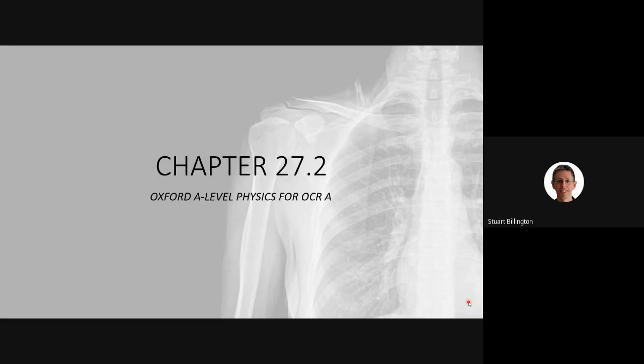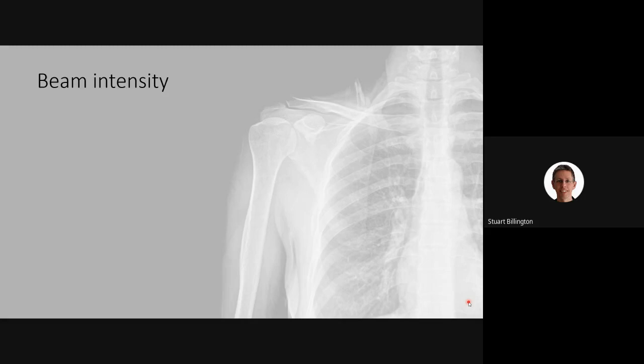If you want to have a look at this in the textbook while we go along, on the PDF, it's 27.2. Okay, so we need to talk about the beam intensity, because pretty much what's going to happen is that a whole load of X-rays are going to leave the window on the X-ray machine.